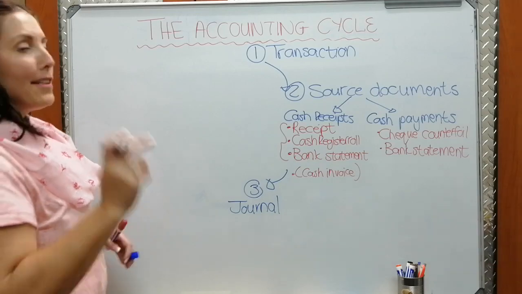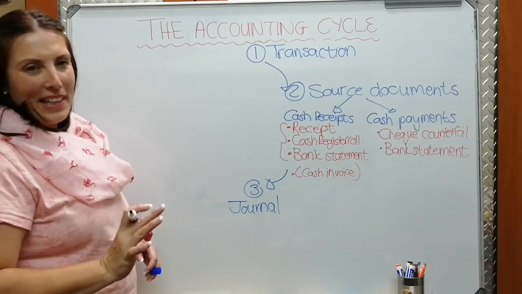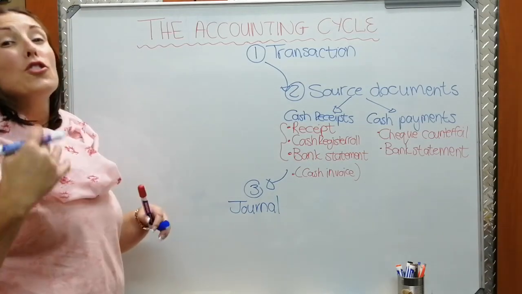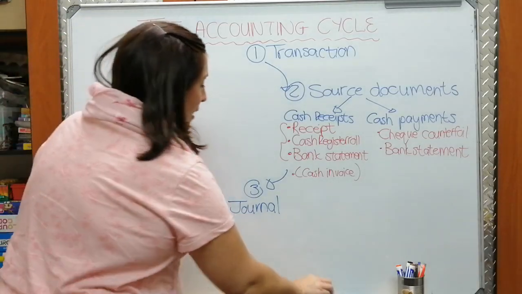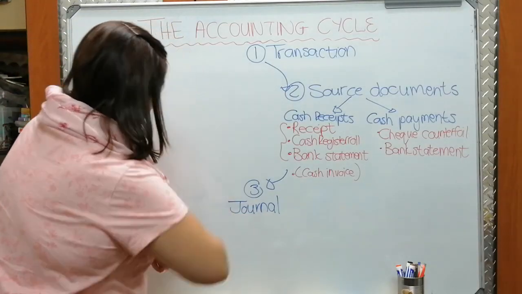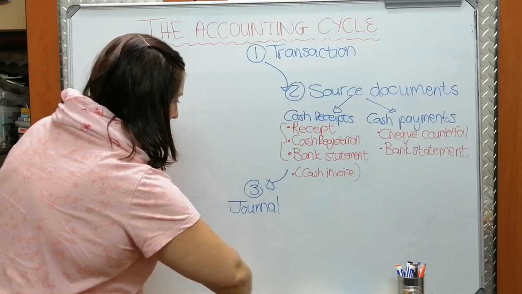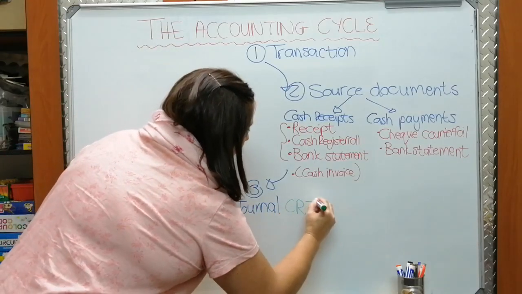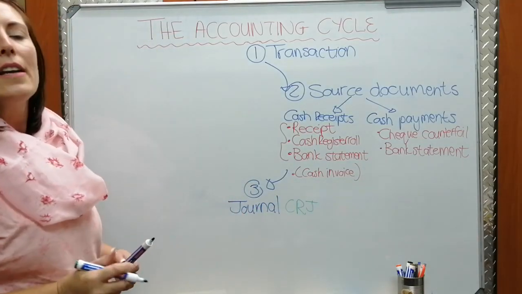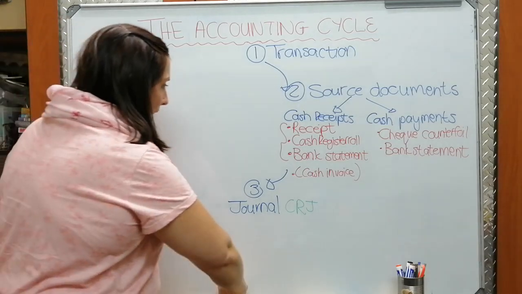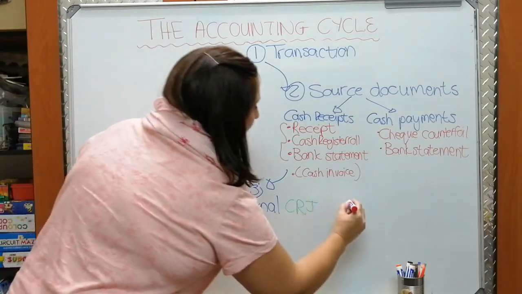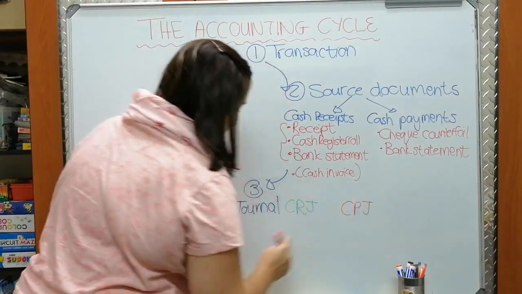Now, in grade 8, and I know many of you are very excited to start working in your journal books, we are going to work with our cash receipts journal, in short the CRJ, and the cash payments journal, the CPJ.